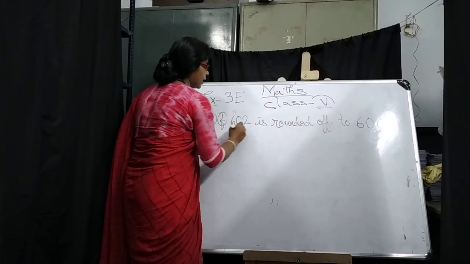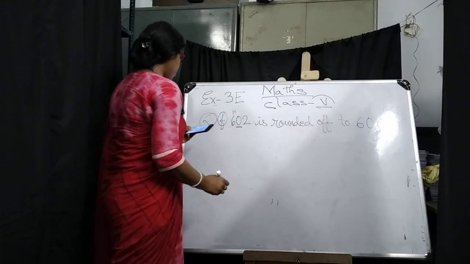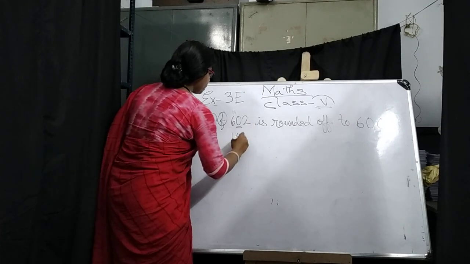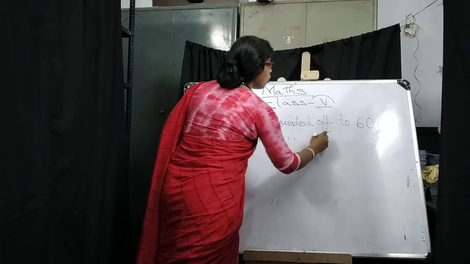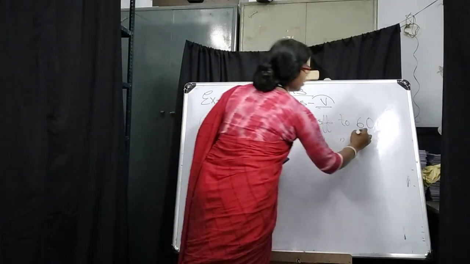Hundreds, we will place a dash here. And 145 is rounded off to 100.